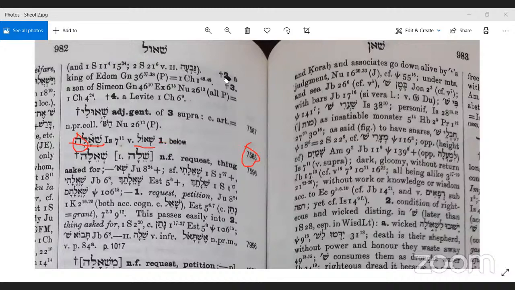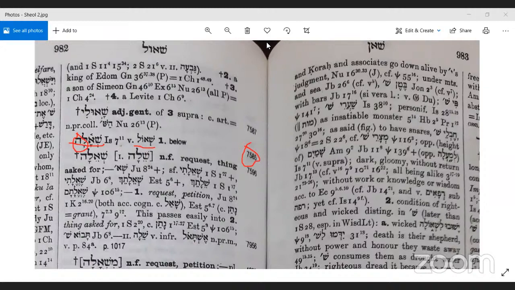Subterranean, right? Okay, noun feminine, request. So we saw that, right? We saw request. Whatever Strong's number it said this word is from. We saw request, okay? Thing asked for. One, request or petition.